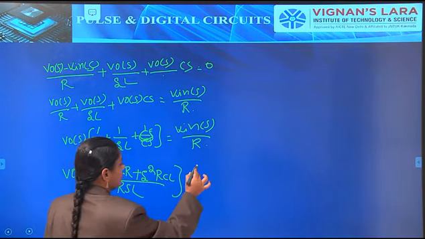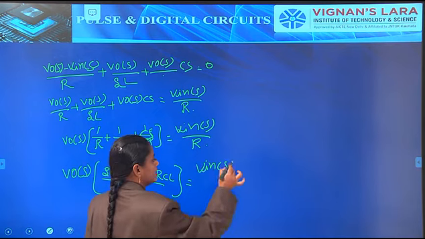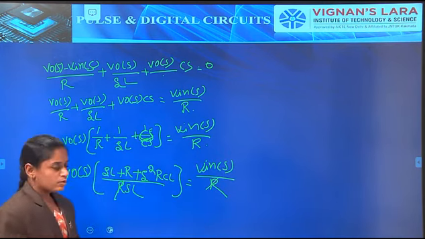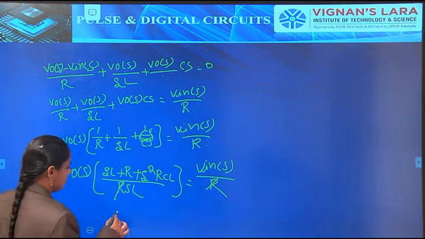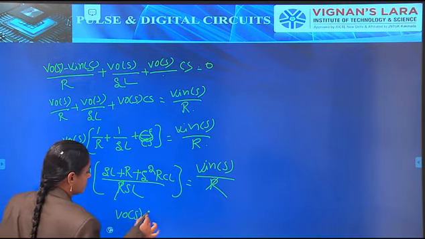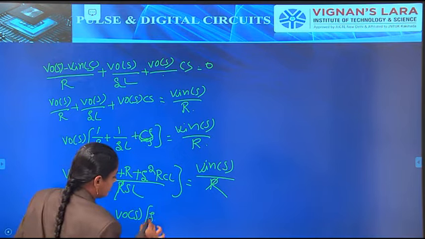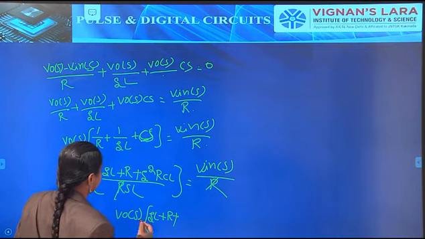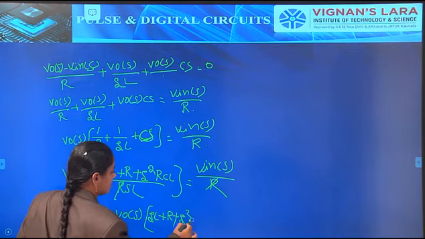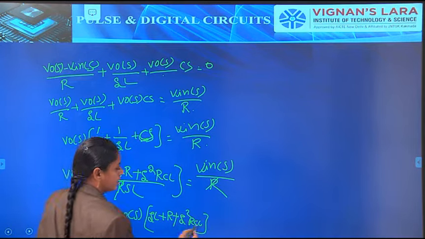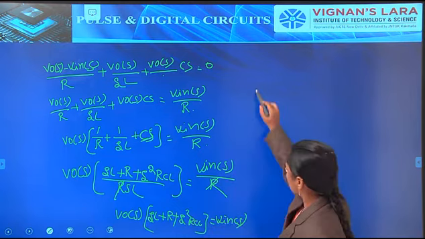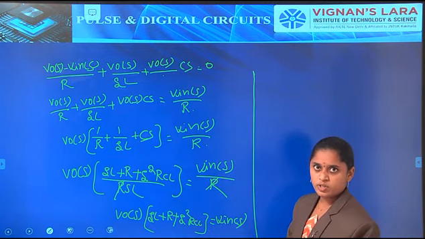So that is V of S by R. Then R cancels, and the equation becomes V naught of S of SL plus R plus S square RCL equals V of S. So what is V naught of S from this equation?